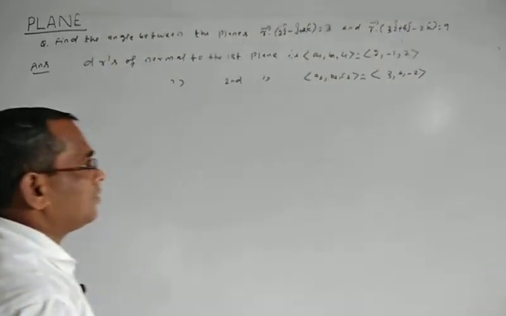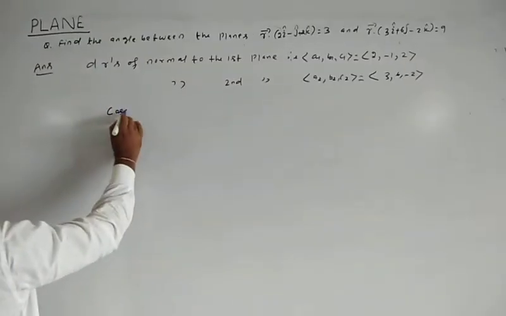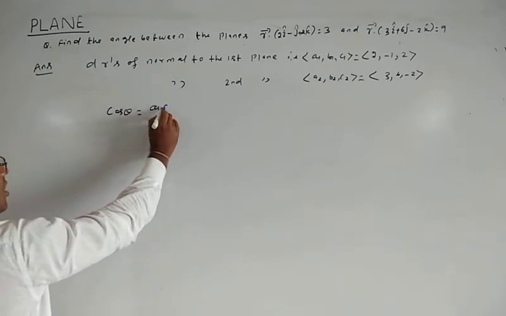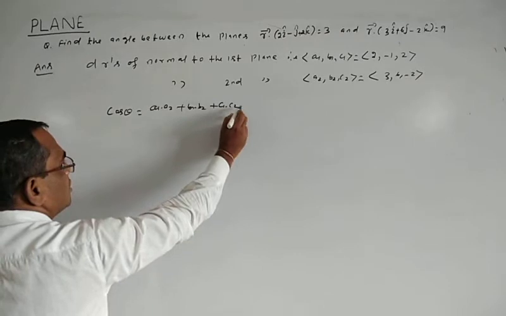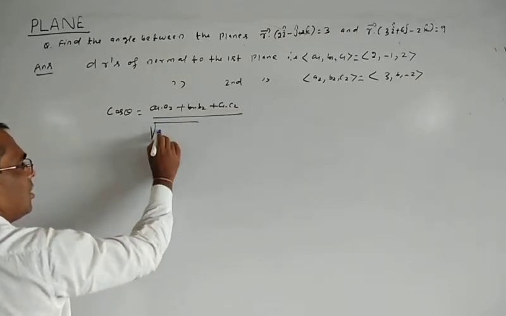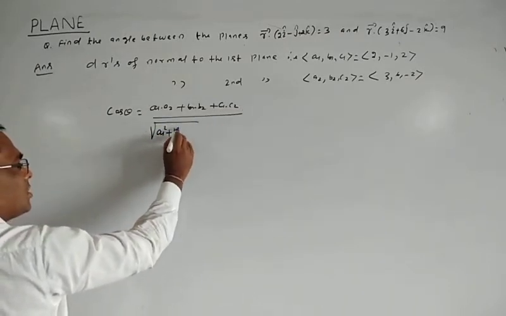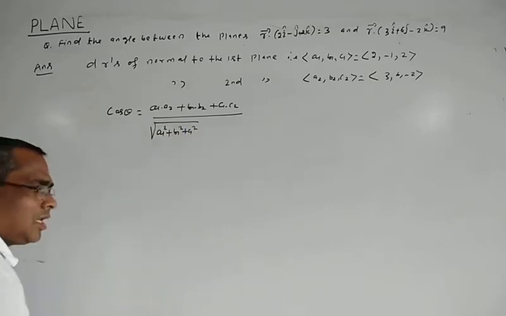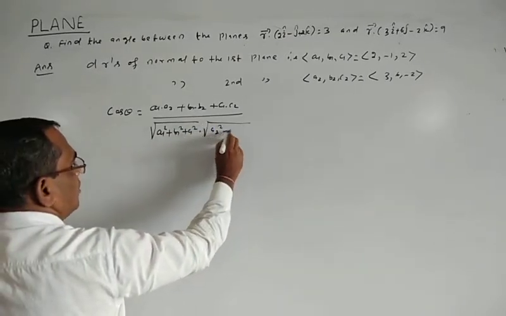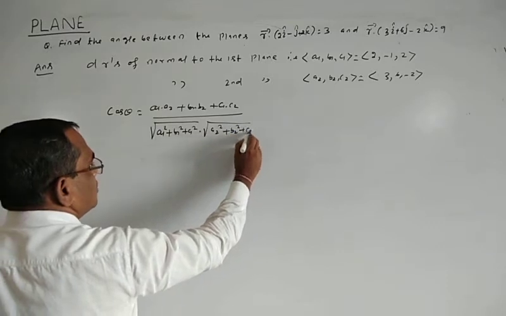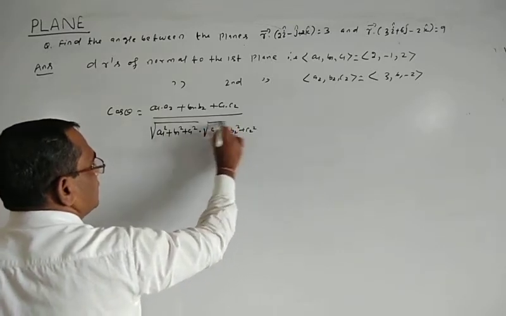You know the angle between two planes in Cartesian form: cos theta is equal to a1 a2 plus b1 b2 plus c1 c2 by root of a1 square plus b1 square plus c1 square into root of a2 square plus b2 square plus c2 square.